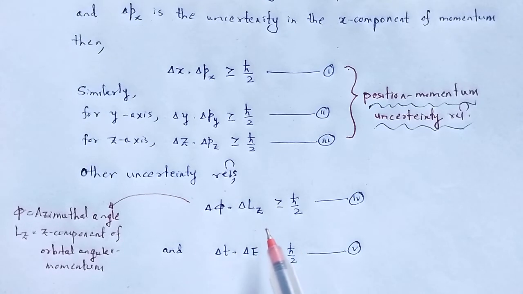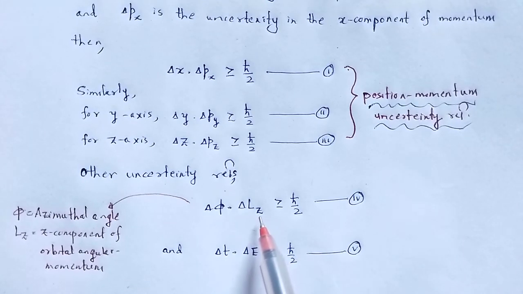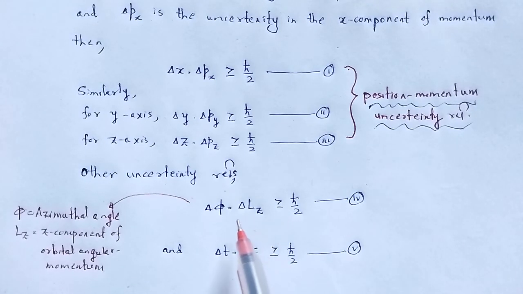That is the uncertainty relation in azimuthal angle and orbital angular momentum.